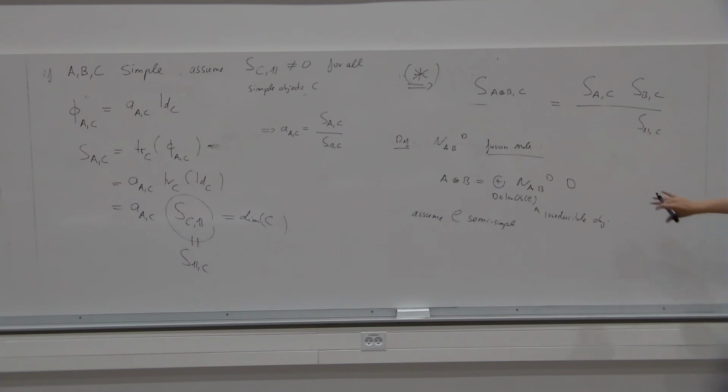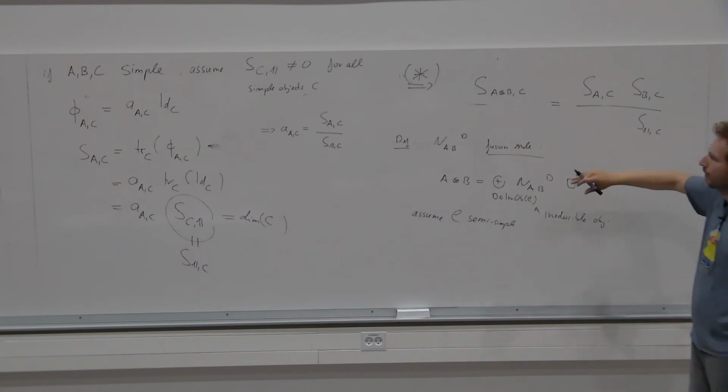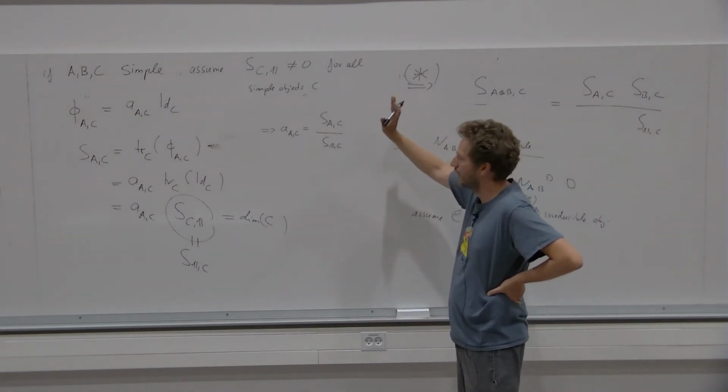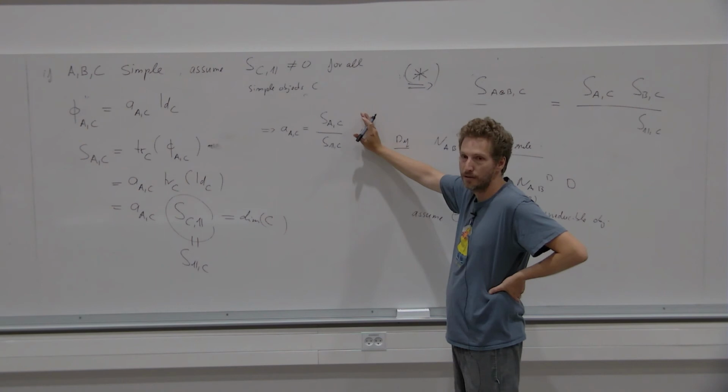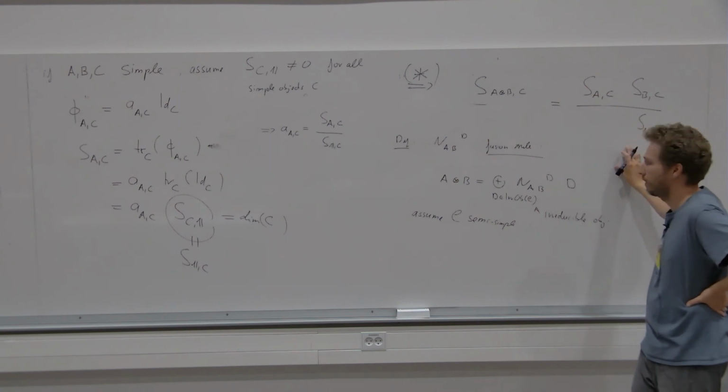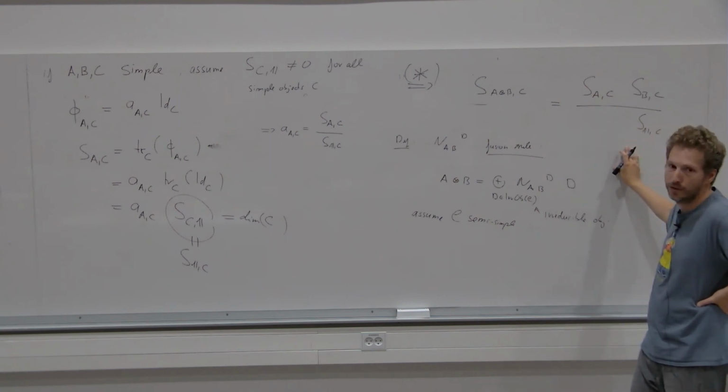Really only for the definition here of the fusion rule. You're a good comment. So here I wanted C to be simple so that I can assign these numbers. And here in this definition, I also want A and B to be simple for the definition of the fusion rule.